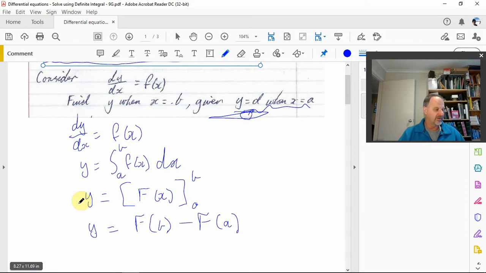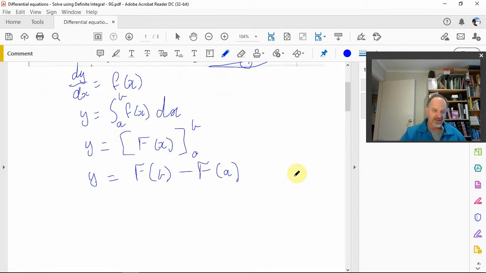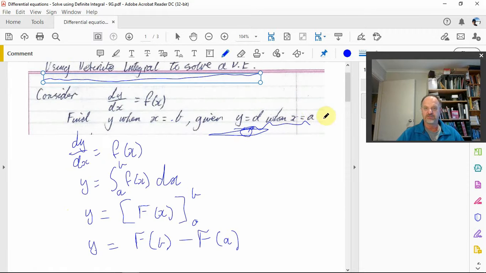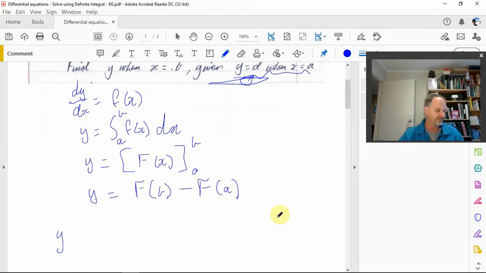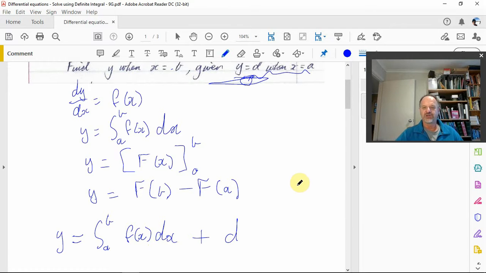All right, so the upshot of it all is that, when we've got the initial condition a and d, y would be the integral from a to b of the gradient function with respect to x, plus d, and d is our original y value.